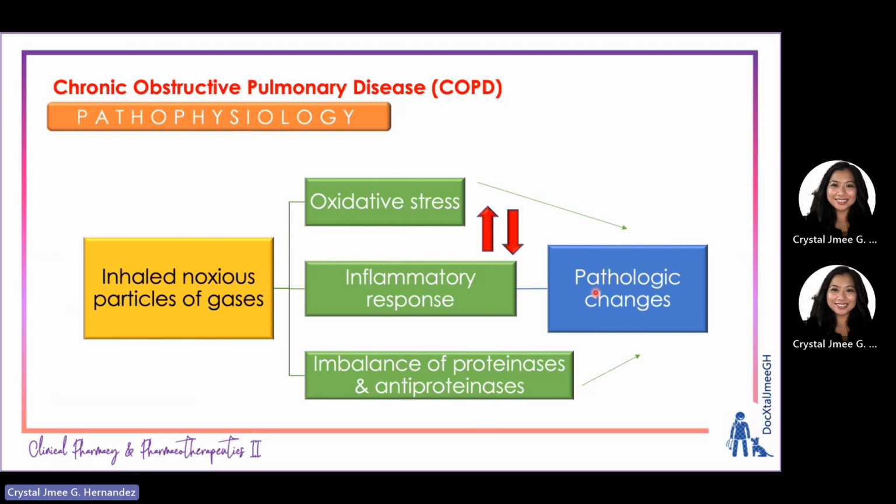Third, airflow limitation. Fourth, hyperinflation. Fifth, gas exchange abnormalities. Next is pulmonary hypertension, and eventually it will lead to a variety of systemic effects. Further discussion of this will be in our next slides and a separate video recording.